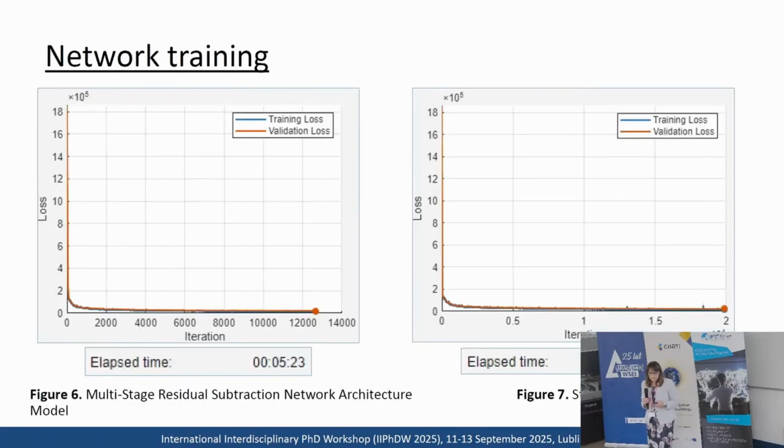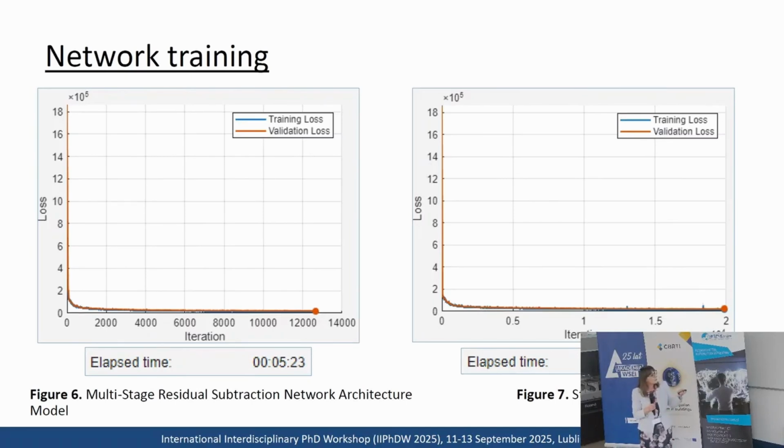And about results. At the training step, we saw the first differences. On the left hand, we see the training process for the differential architecture, and it took less than 5.5 minutes.